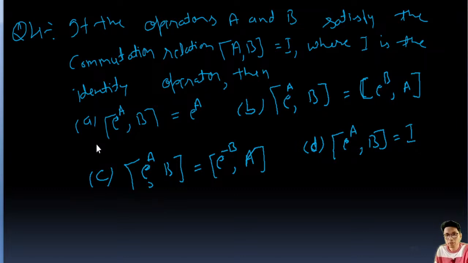We need to solve it. So guys, we have been given the property [A, B] = I, the identity operator, and we need to find out which expression is correct.